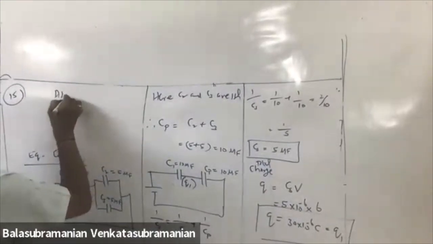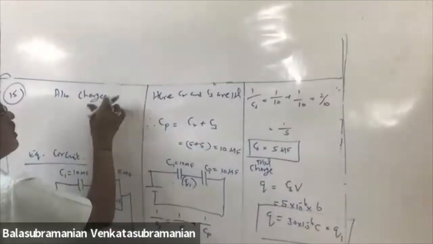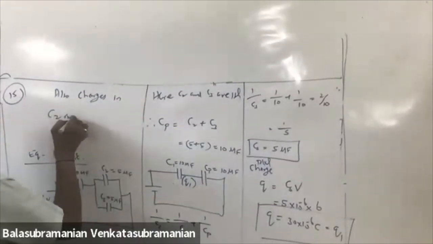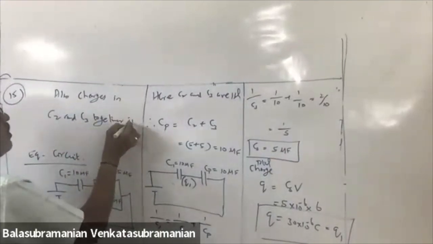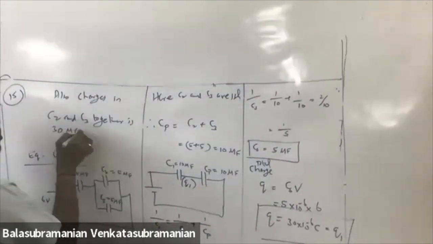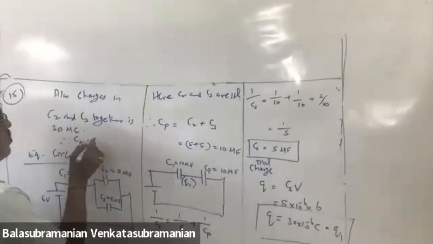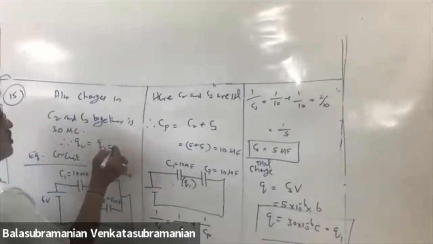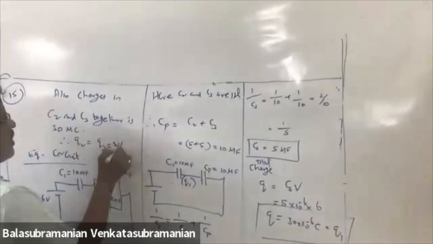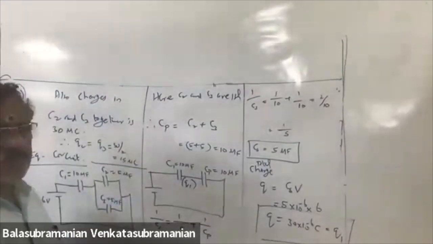Also, charges in C2 and C3 together is 30 microcoulomb. Therefore, Q2 is equal to Q3 is equal to 30 by 2, 15 microcoulomb each.